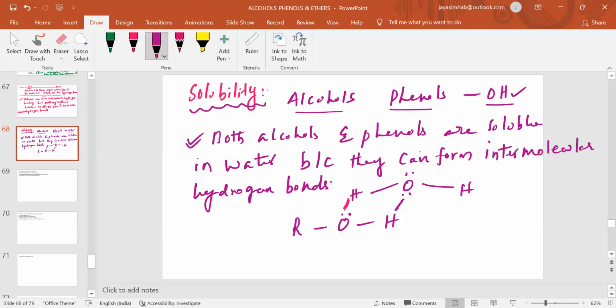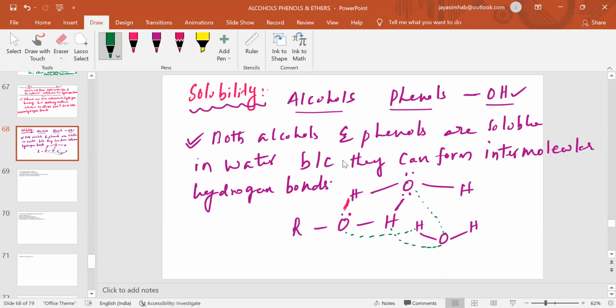Suppose you have another H2O molecule here, what will happen now? This oxygen will form an intermolecular hydrogen bond with this one, and this hydrogen will form intermolecular bonding with this one. Anyhow, intermolecular hydrogen bonding will be there between water molecules.